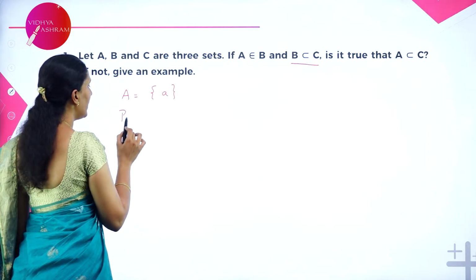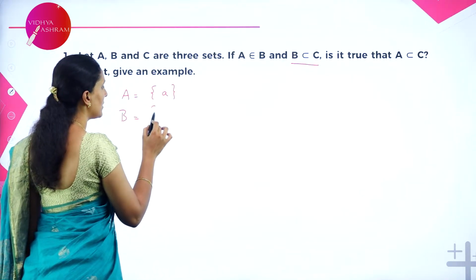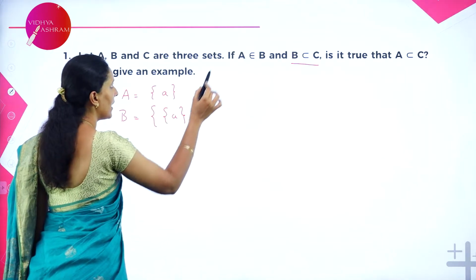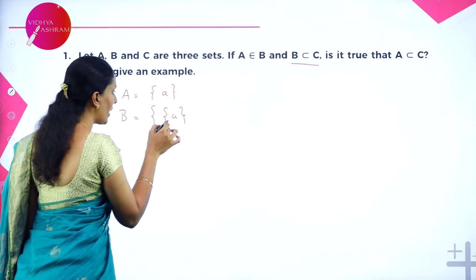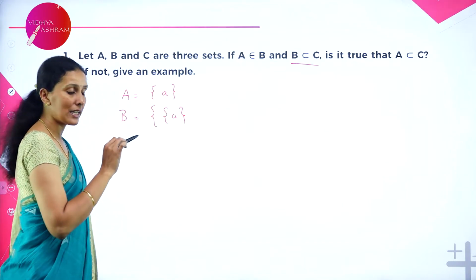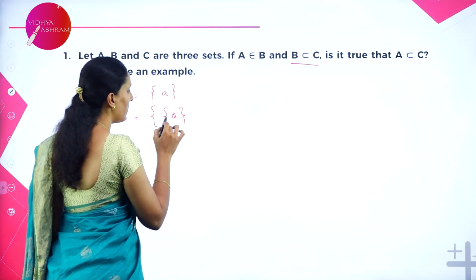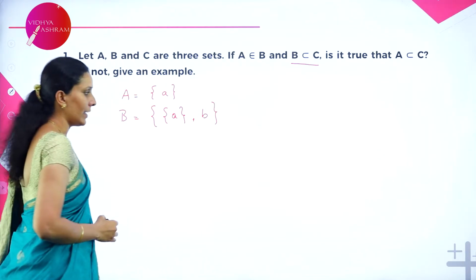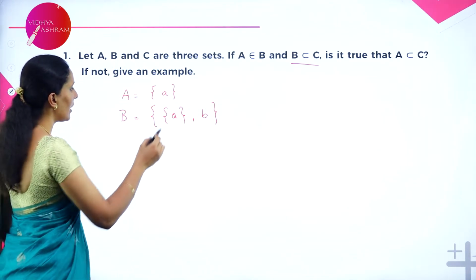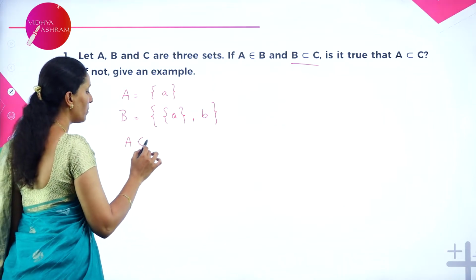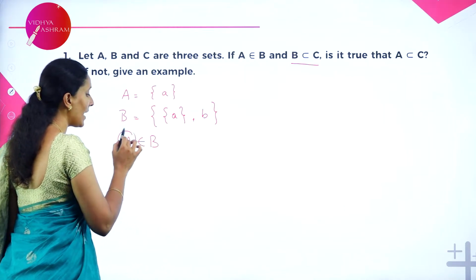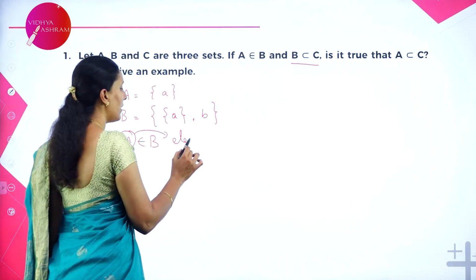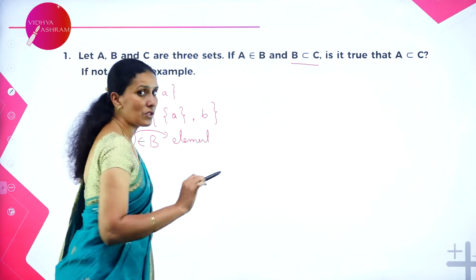Now, set B contains a means this a should be inside the set. That is, A belongs to B means I need to write set A itself inside the set B. So, therefore, the element a with the set and one more element I will take here. So, here clearly you can see A belongs to B. A belongs to B means A is an element of B.